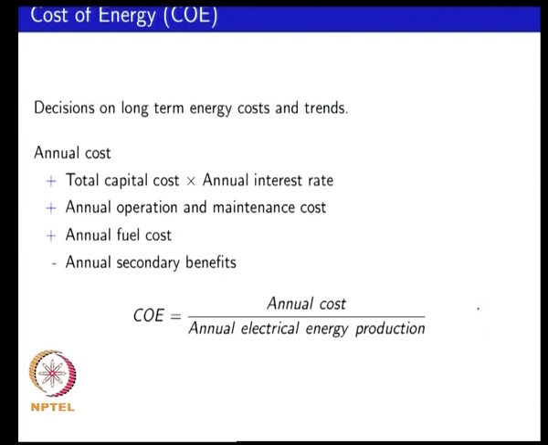So when you are looking at cost of energy, you are not thinking about capital cost as something that you pay on an instantaneous basis. One assumption that you are making is that the capital cost is actually taken as some sort of a loan, and you are paying an effective equivalent yearly interest back to your lender.